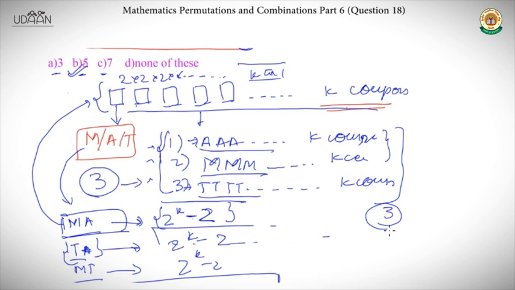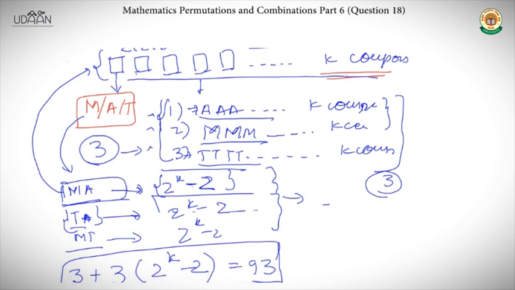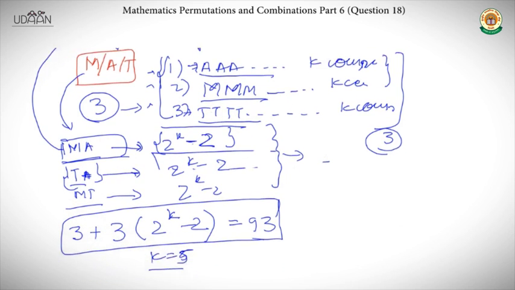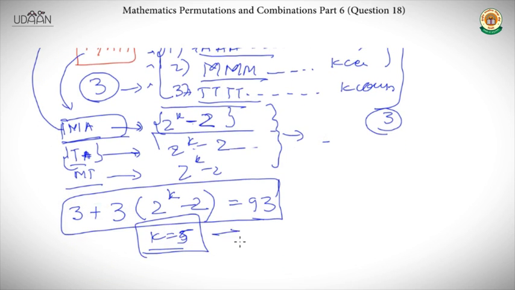Now we count the number of ways in which one is missing out of A, M and T, and for these the total number of ways is 3 into 2 raised to the power k minus 2. When we add them and equate it to 93, we get the answer k equals 5. And we've also seen that solving this backward will not work, as it will take a large amount of time. So now let's move to the next question.